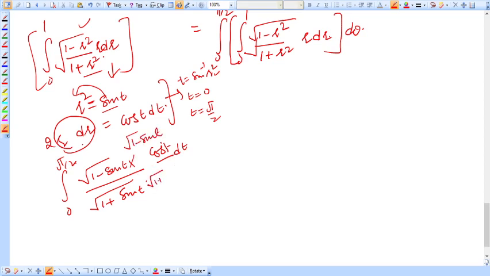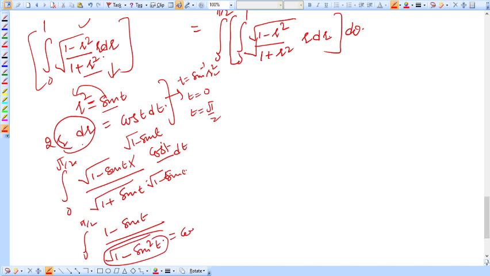Then it would become 0 to pi by 2, and this would get squared, and it would become 1 minus sin t divided by under the root, a minus b into a plus b, which is equal to 1 minus sin square t, equal to cos square t under the root. So cos square cancels, and you will have this only. In this way you will be able to solve this integral, right?